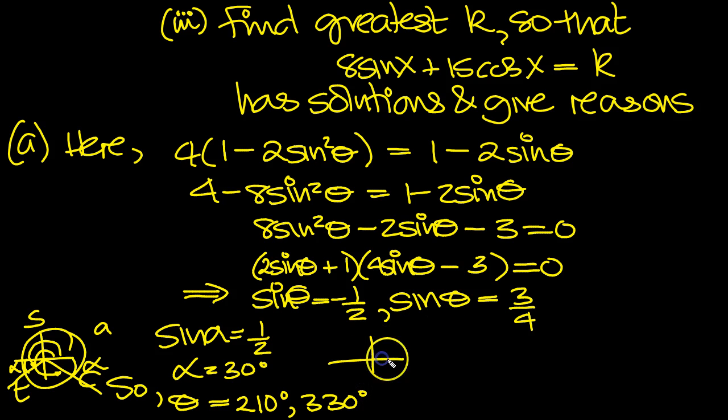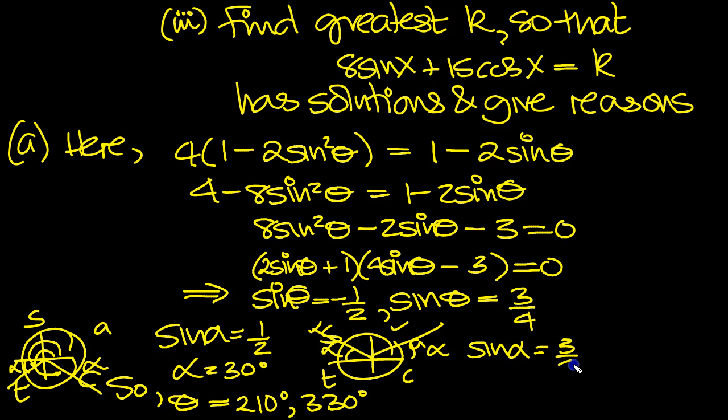Now this one, again CAST. Sine is positive here and here, so draw our two lines. Mark off alpha, the associated acute angle, and write sine alpha equals 3/4. And then we can work out alpha.